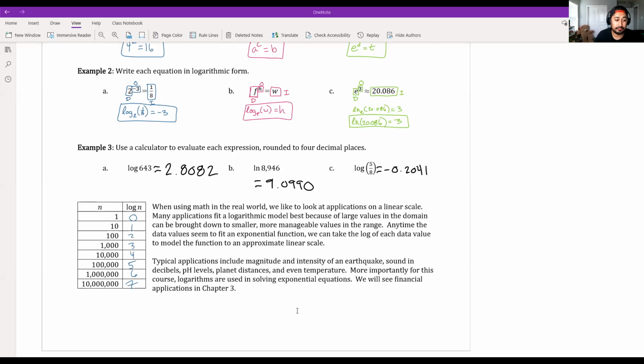So you see that we take 10 million, and the log of 10 million is just 7. That's honestly telling us how many zeros 10 million has. So something to think about.